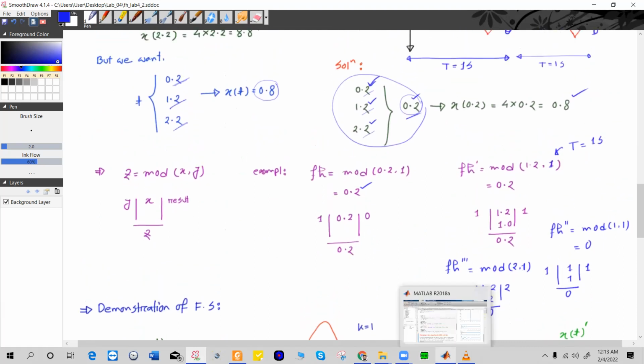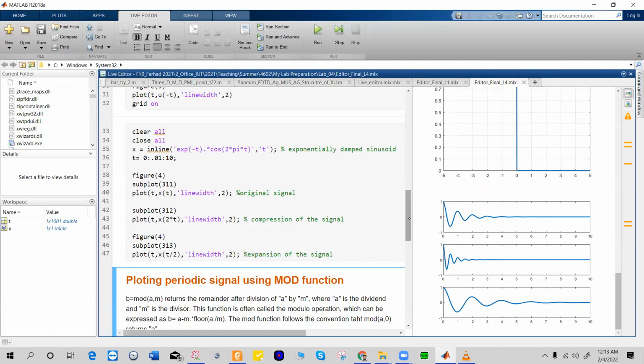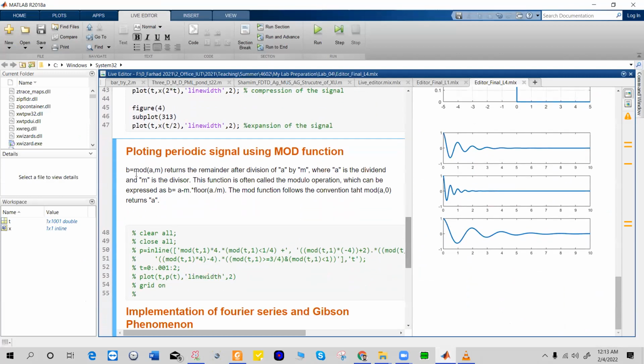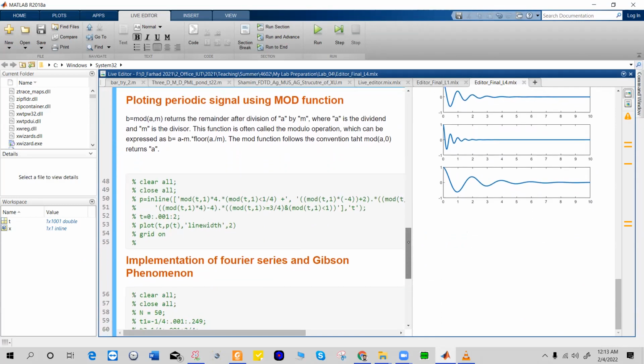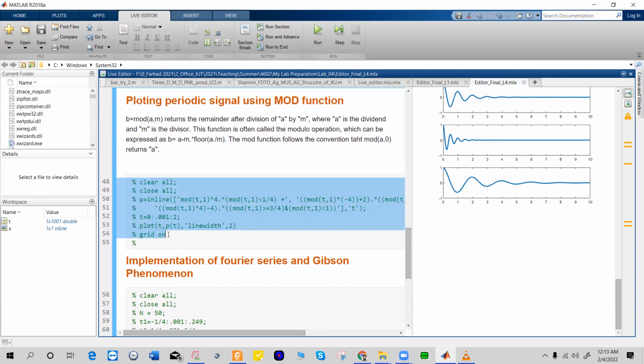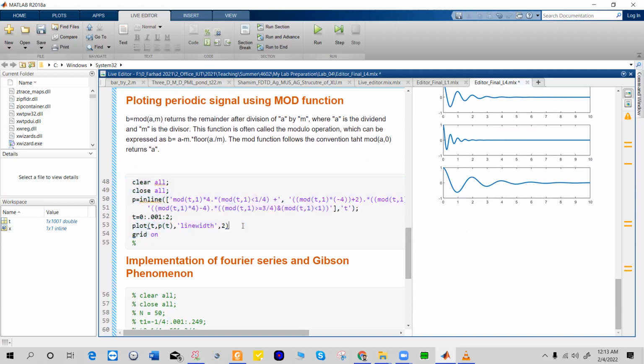So now let's move to the coding. You have a few lines already written there. You can go through them to get a better idea about the mod function if you do not understand yet. So let me run this code. If we run this, we are supposed to have the periodic function.